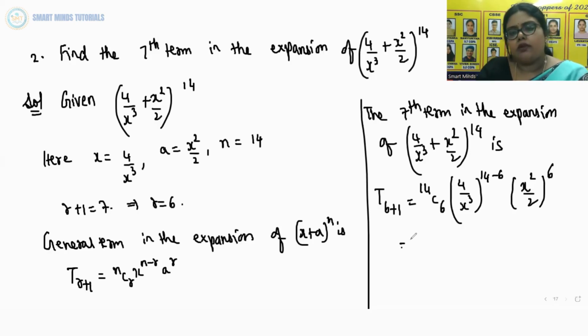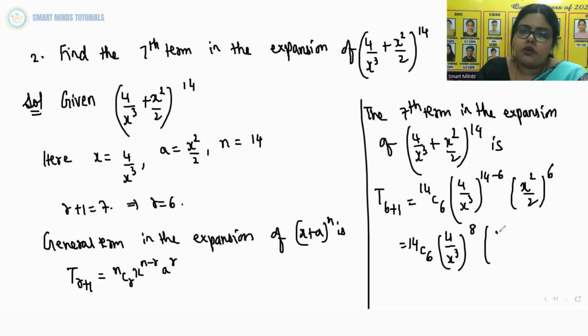So that is equal to 14C6 (4 by x cube)^8 into (x square by 2)^6. So that is 14C6 4^8 by x^24 into x^12 by 2^6.